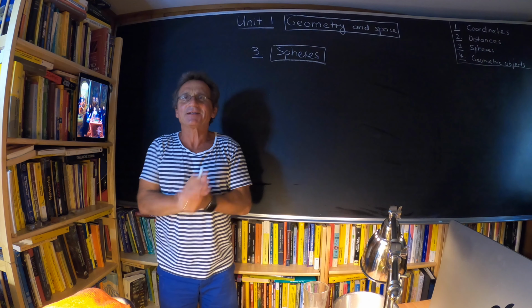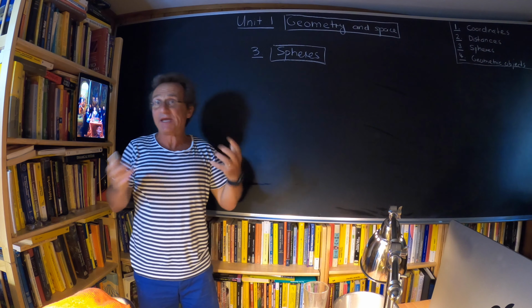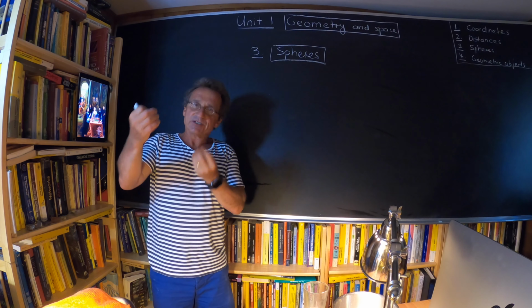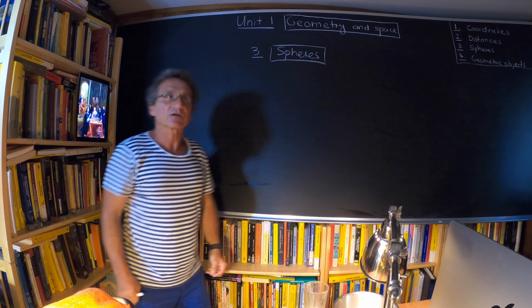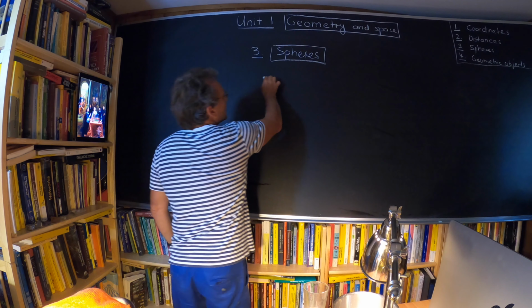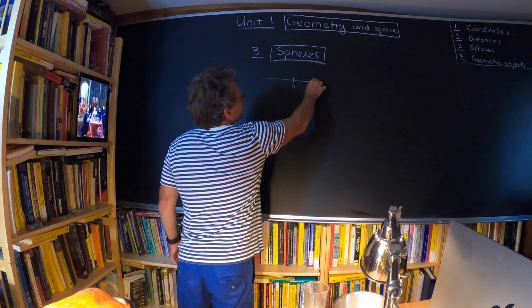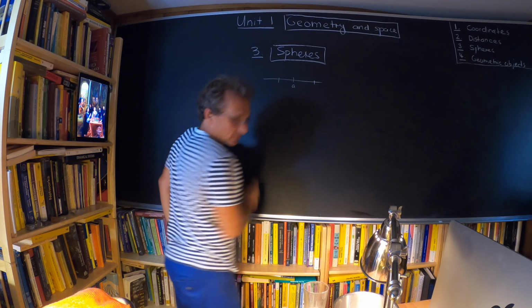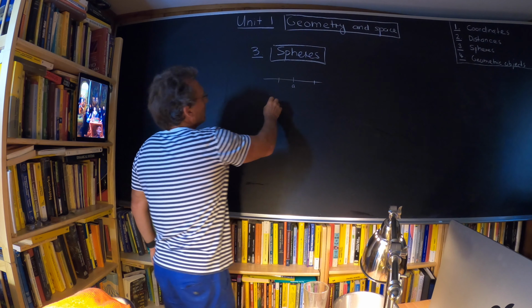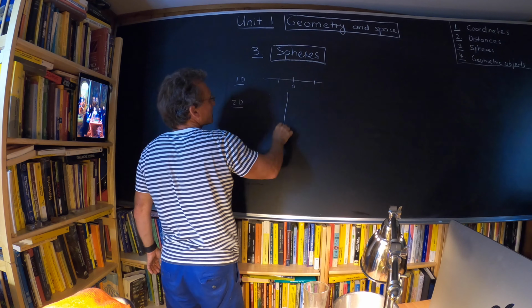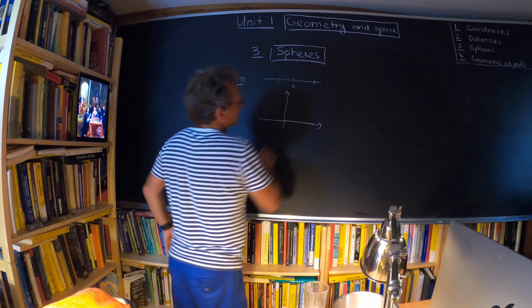Spheres you can define in any space with a distance. The sphere of radius r is just all the points which have distance r to a given point. In one dimension this is actually quite boring. The sphere consists of just 2 points. But in 2 dimensions it's already interesting. It's something the Greeks were already fascinated with.